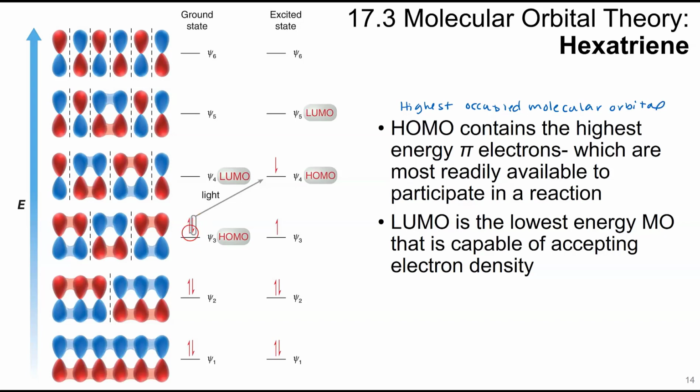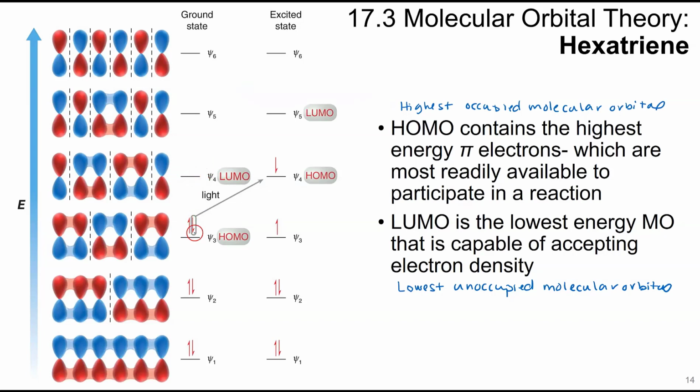So these are the ones that can participate in reactions or are ready to do so. The LUMO is the lowest unoccupied molecular orbital. Because it is unoccupied or empty, it can accept electron density.